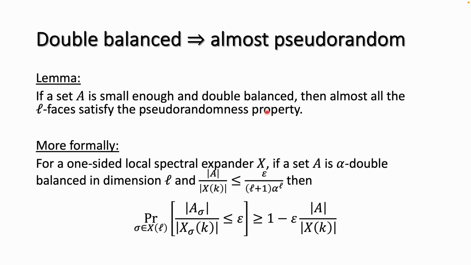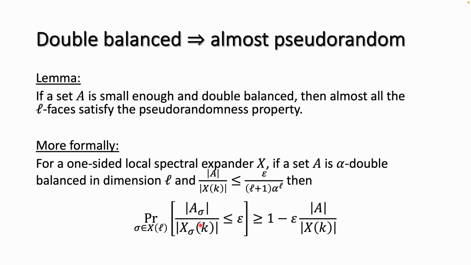More formally, if we look at a one-sided local spectral expander X, and a set A which is alpha double balanced and small enough, then if we pick a face sigma of dimension L, what's the probability that it satisfies the pseudorandomness property? This was the common definition: we want the fraction of faces in the localization to be in A to be at most epsilon.